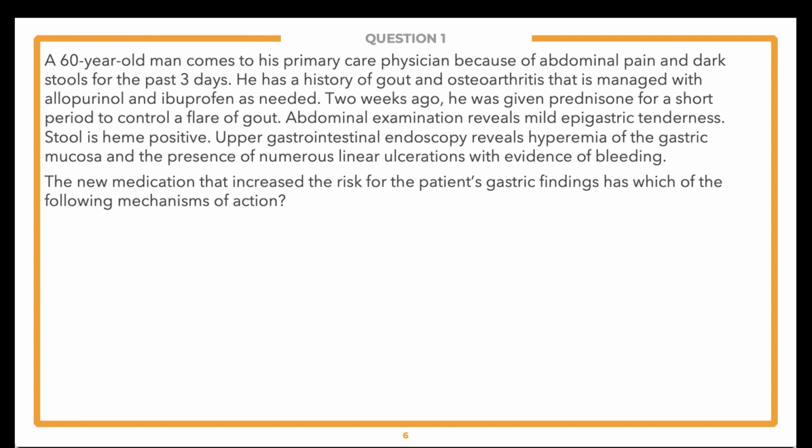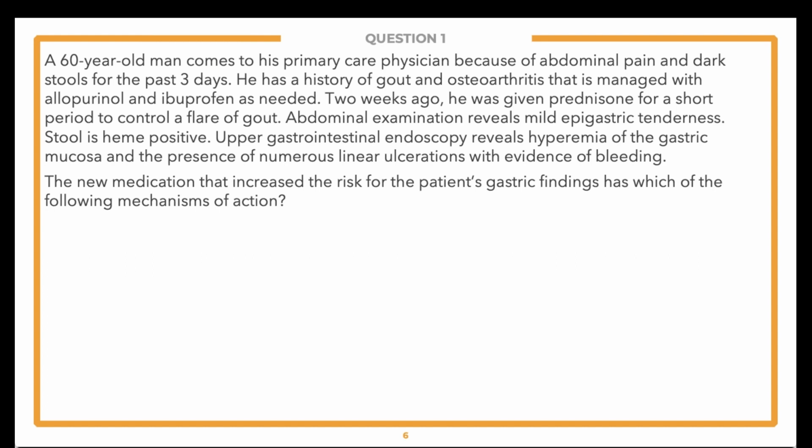A 60-year-old man comes to his primary care physician because of abdominal pain and dark stools for the past 3 days. He has a history of gout and osteoarthritis that is managed with allopurinol and ibuprofen as needed. 2 weeks ago, he was given prednisone for a short period to control a flare of gout. Abdominal examination reveals mild epigastric tenderness.